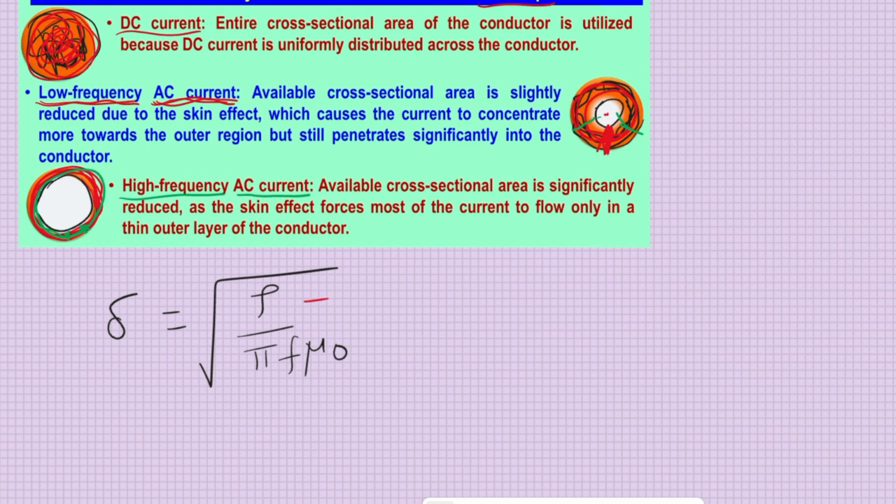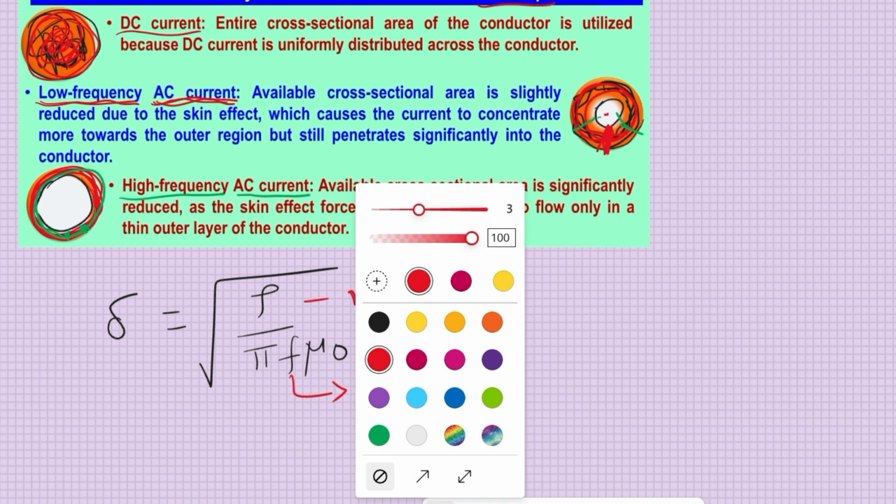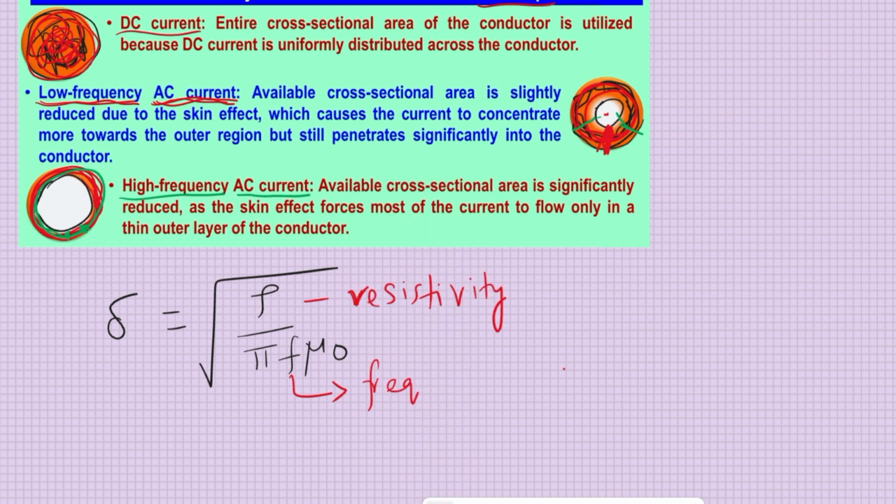Here rho is the resistivity of the material, and f is the AC signal frequency, the frequency of the AC current.